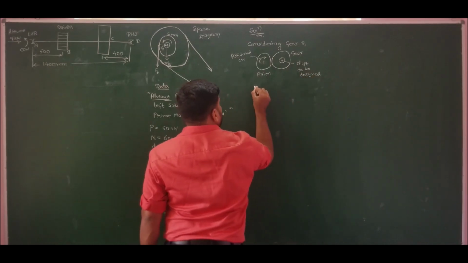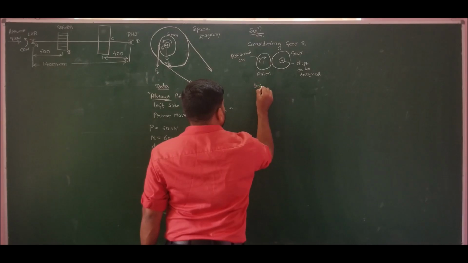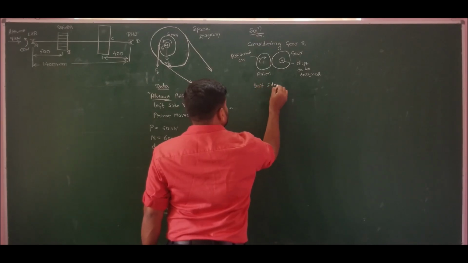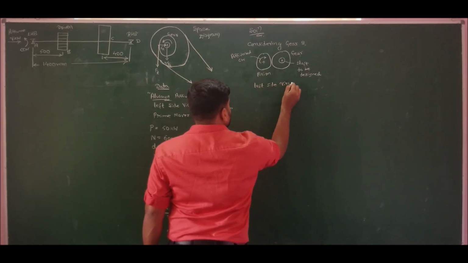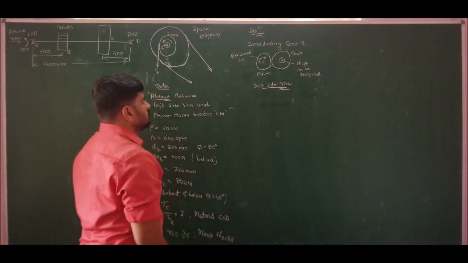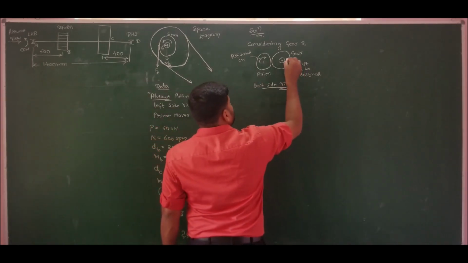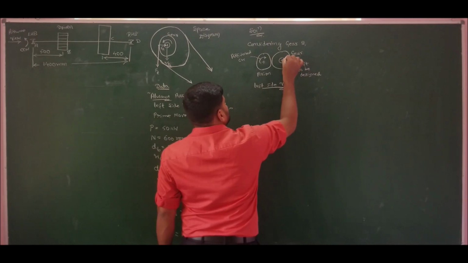So this is what the actual left side view looks like. Therefore the gear should rotate in counterclockwise direction to the external machine.